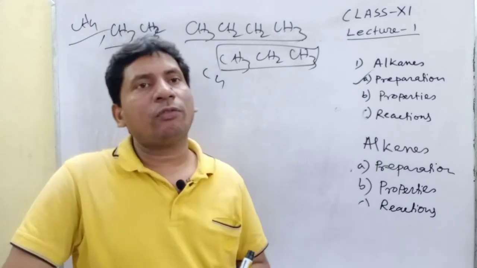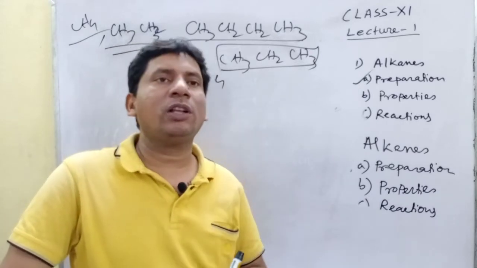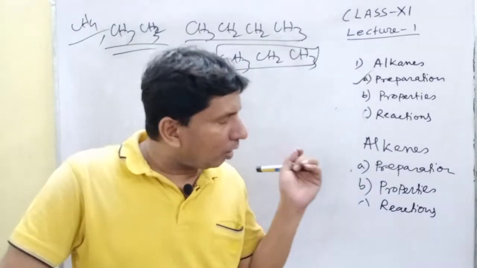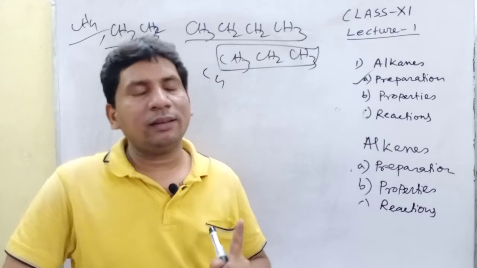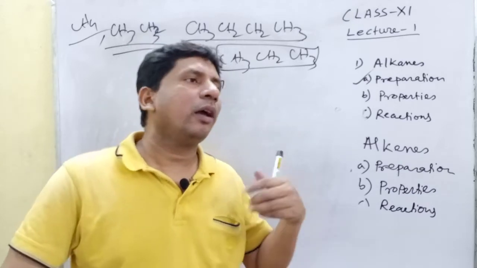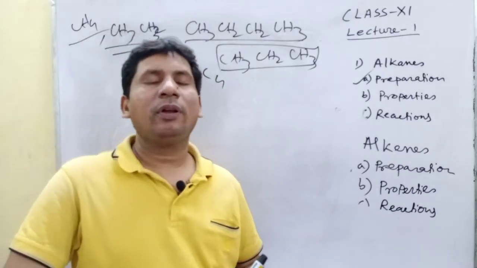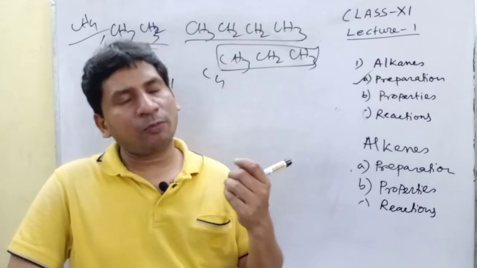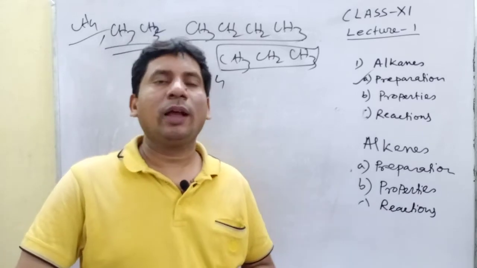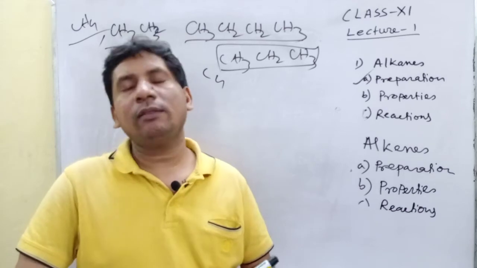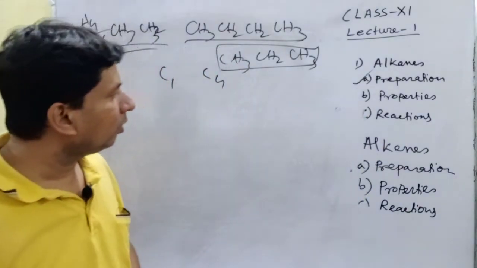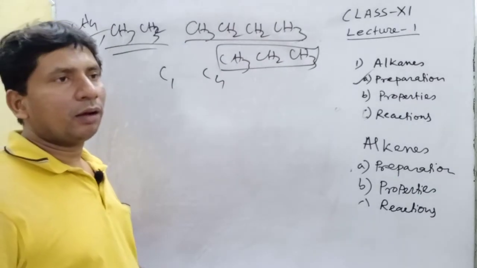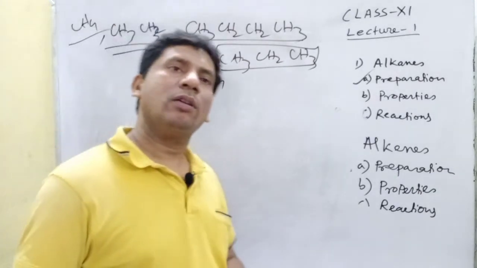Due to the presence of very weak van der Waals forces, from carbon 1 to carbon 4 the chains are gaseous, carbon 5 up to 17 are liquid, and hydrocarbons containing more than 17 carbons are solid.